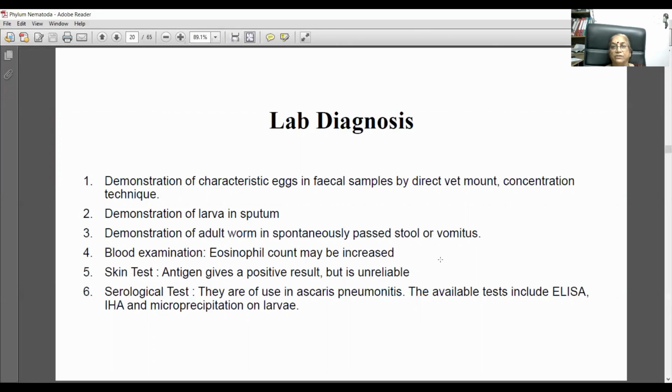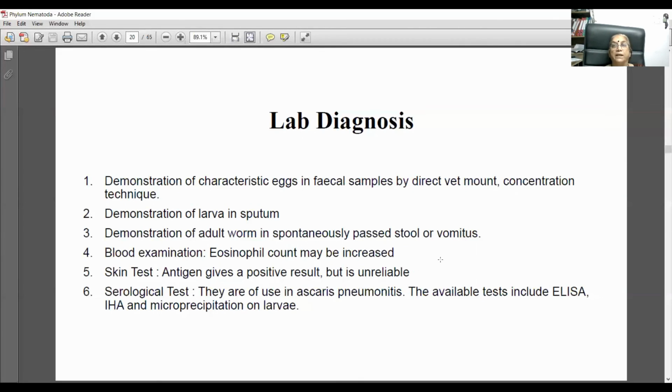In the concentration technique also, the diluted fecal matter you are going to centrifuge, and the centrifuged material is taken to observe for the eggs in the concentrate.